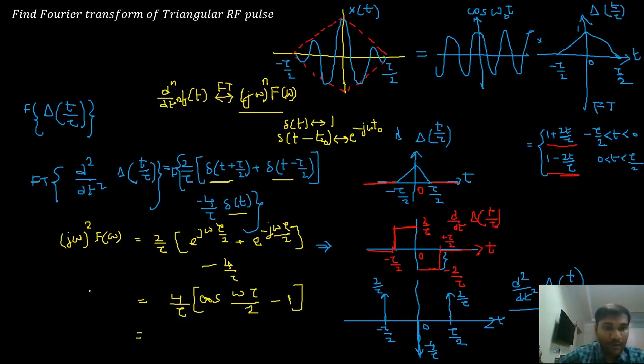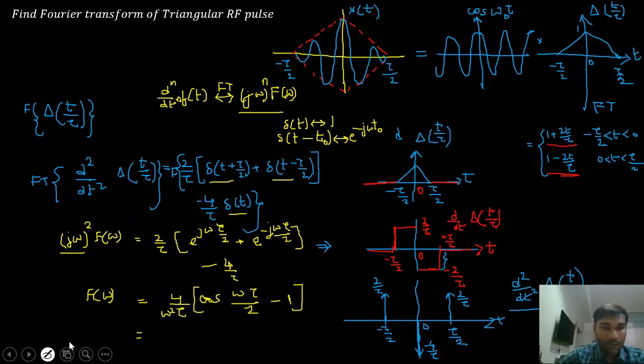Then on the left hand side I have f of omega into this reduces to minus omega square. So that minus omega square I'll get to the right hand side. So I will divide by omega square here, and the negative sign I'll multiply inside. So I am left with something like this.